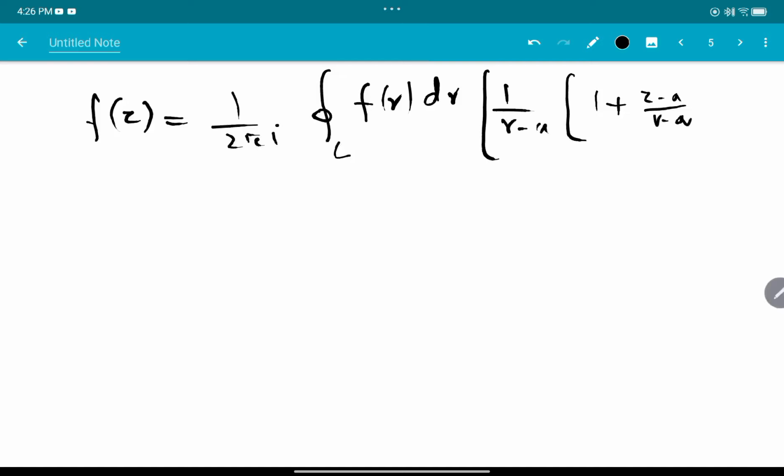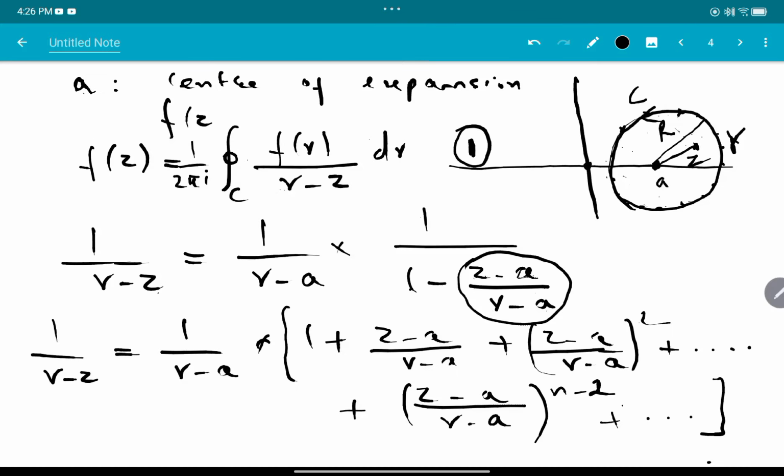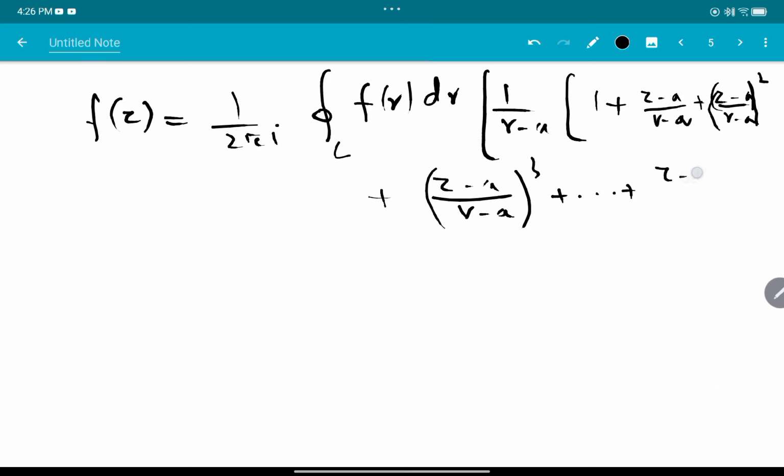This is the second term. Then the third term is z minus a divided by gamma minus a, whole square, plus z minus a divided by gamma minus a, whole cube, plus and so on, plus the term that I wanted to show, that is, z minus a by gamma minus a raised to n minus 2.